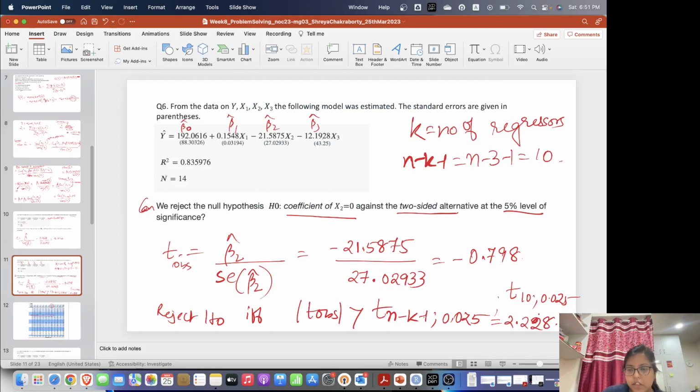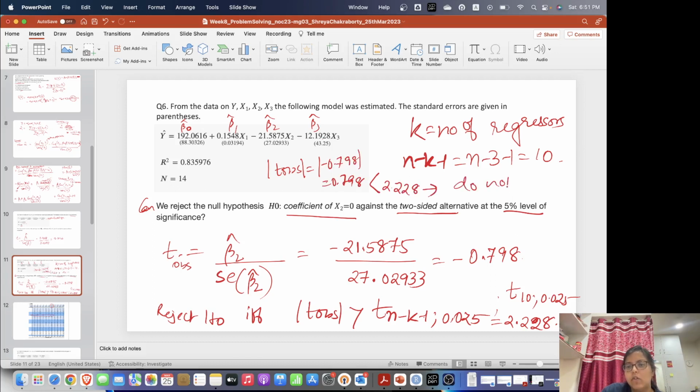So do we reject the null hypothesis? Because modulus of t observed is modulus of minus 0.798, that is 0.798, which is less than 2.228.